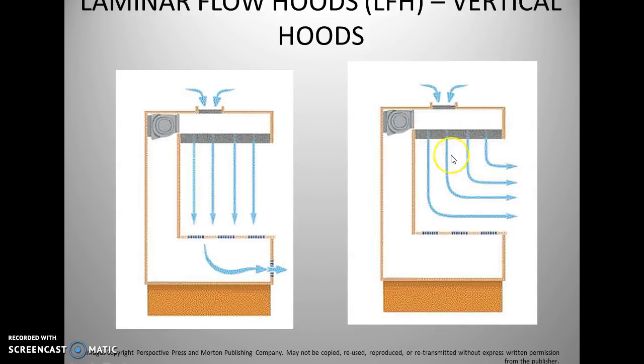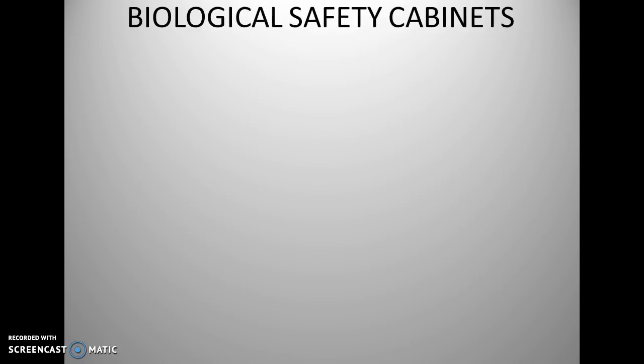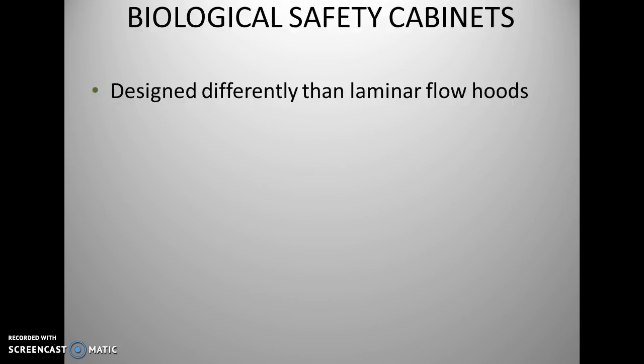Here's your HEPA filter, and then the air will be forced out in the same manner. And the point is to ensure that no bacterial contaminants get into the area where you want to work, especially on sterile materials.